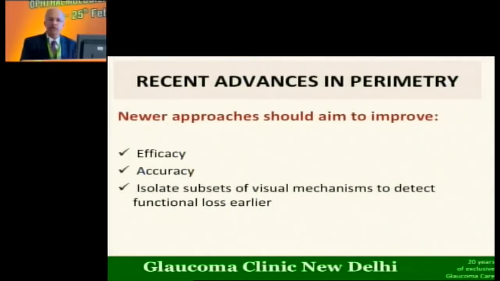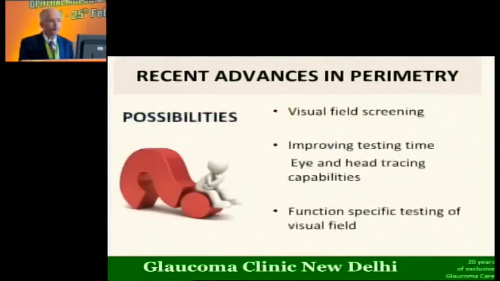At that time, the traditionalists said that threshold is better because of the bracketing strategy, you are able to assess the retinal sensitivity at each point better, and that the SITA is basically a supra-threshold. It's a compromise to save time.